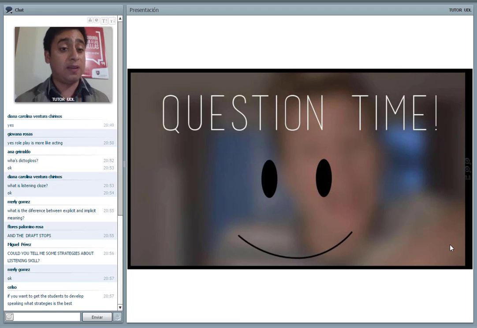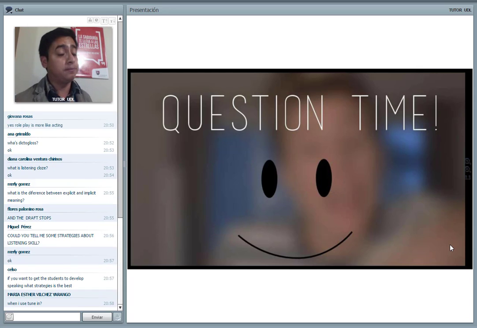It means that before the listening part, if you have pictures in the student book about the listening, you make students brainstorm different words that they may listen to in the audio, so it will be easier for them to understand the listening better. Okay, that's the prediction strategy that you can use.